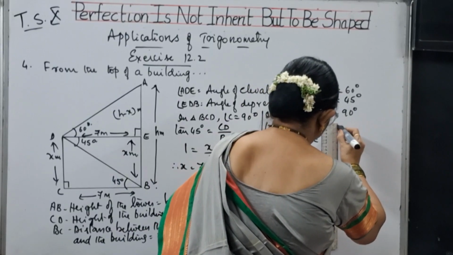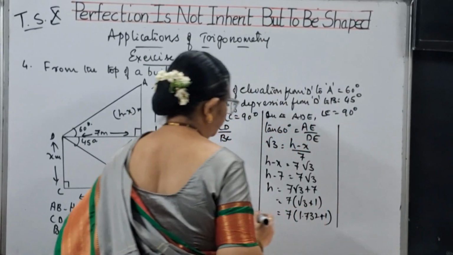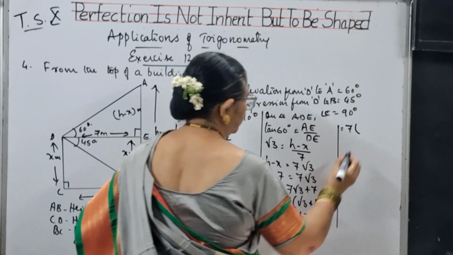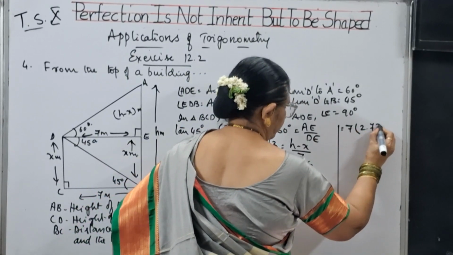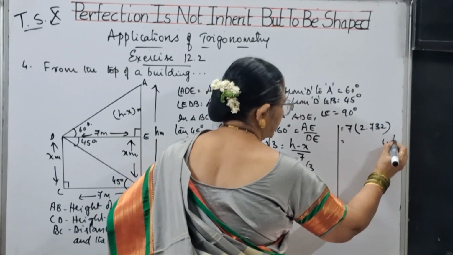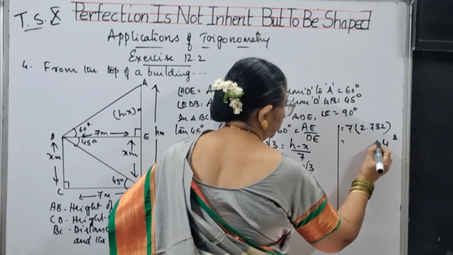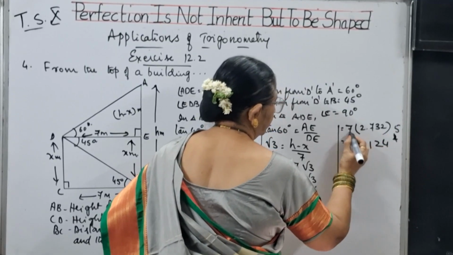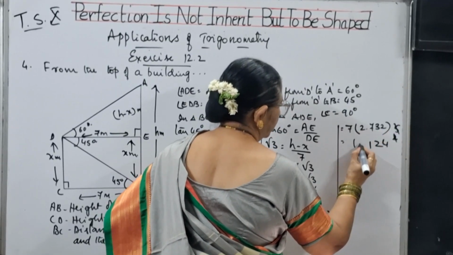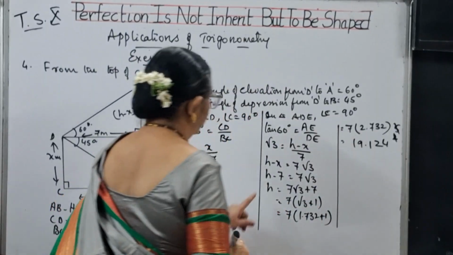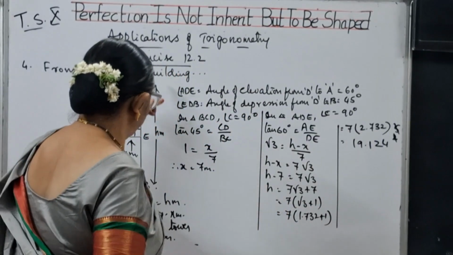So how much are you getting here? 7 into 2.732. So 7 2s are 14, 21, 22, 49, 51, 14, 5, 19. 19.124 is h. What is h?